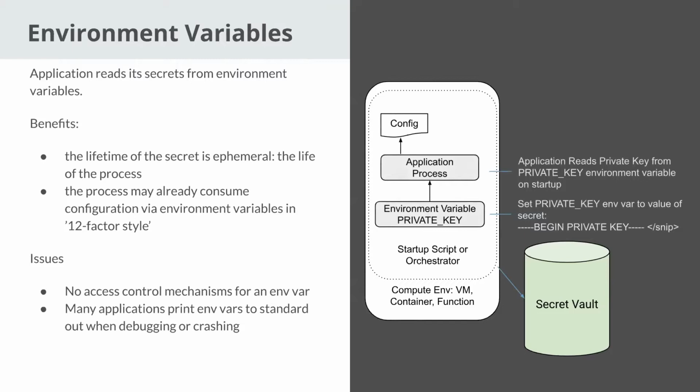So any process that is executed from within that same shell script, unless the environment variable has been carefully unset and unexported, you have all these bits floating around in environment variables, and there's no access control for them.